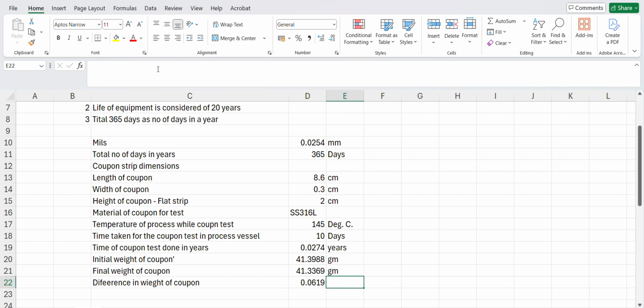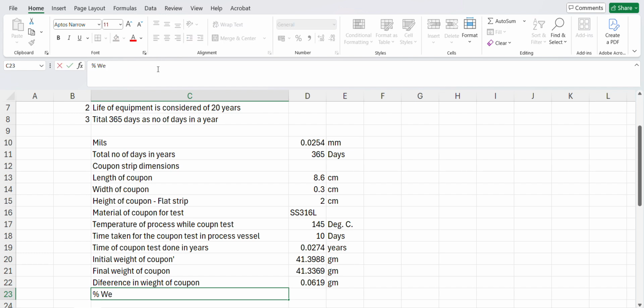We will get how much material is lost due to corrosion within a span of 10 days. This is 0.0619 gram of loss.